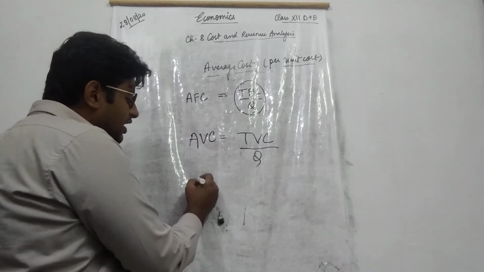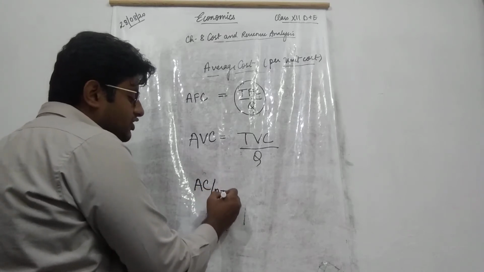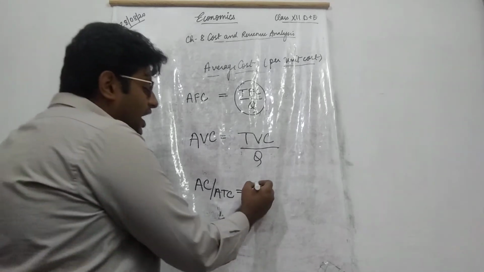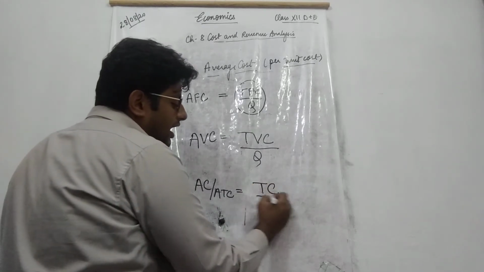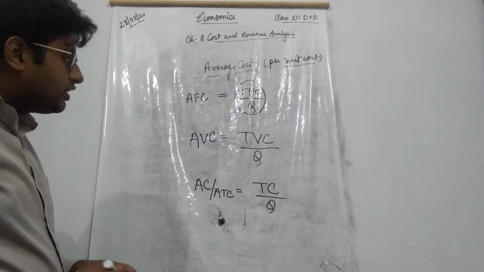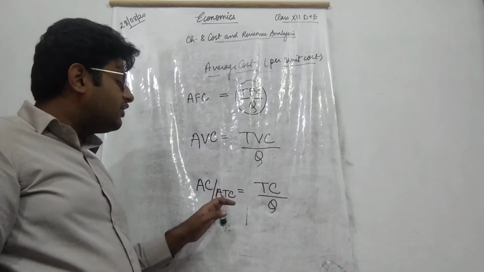Then similarly, coming on to average cost, also known as average total cost, ATC, we divide the total cost by the output, and we will be able to get the average cost or average total cost.